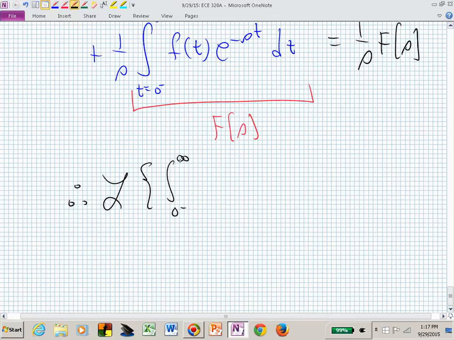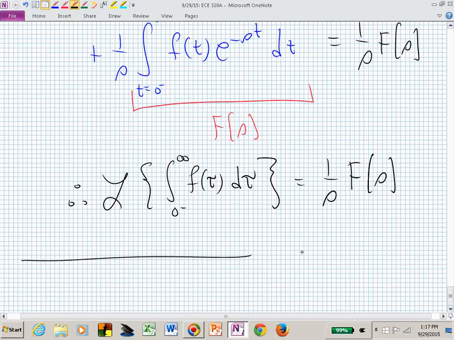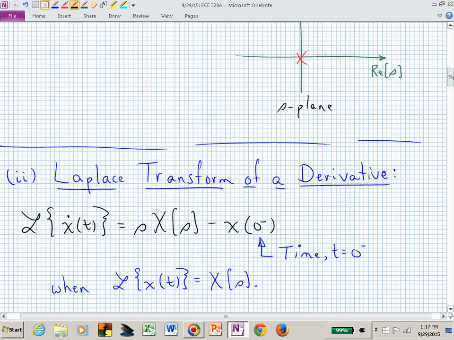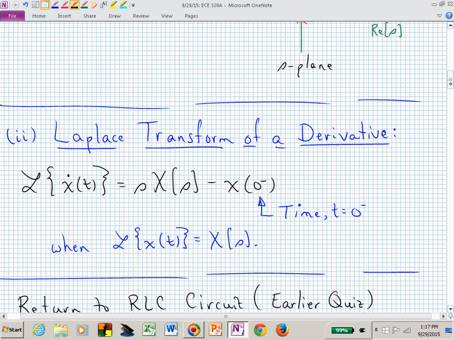Now, whenever you see this integral of f, let me go ahead and keep with my earlier variable of integration. If we now Laplace transform an integral, that's going to then, in the frequency domain, be the Laplace transform of the original function, f, which is capital F of s divided by s. That's another operation. And how does that compare to the Laplace transform of a derivative?